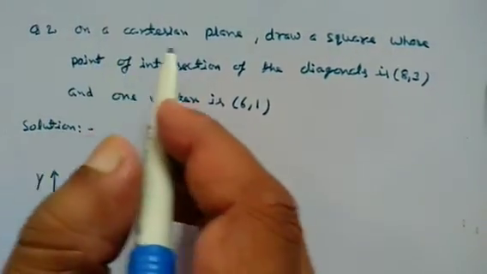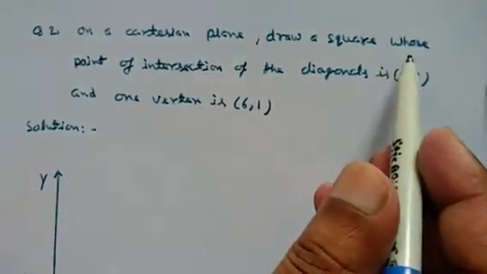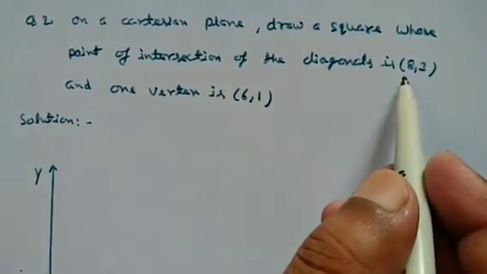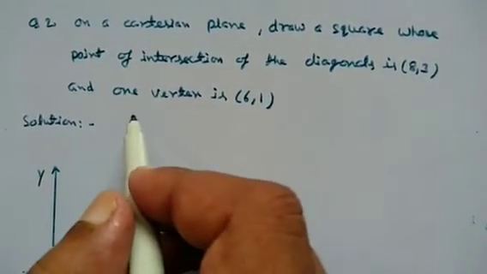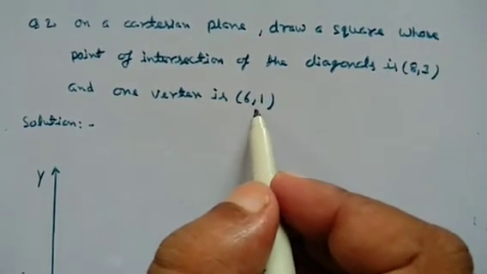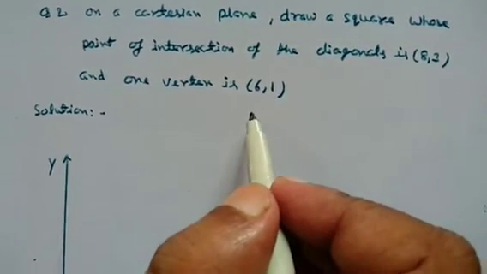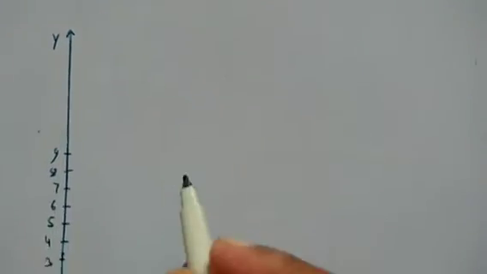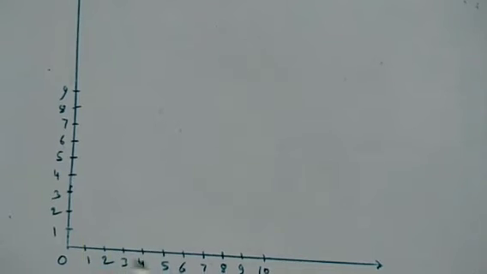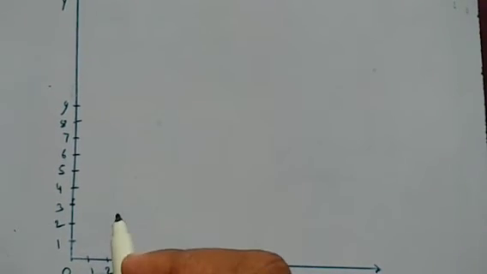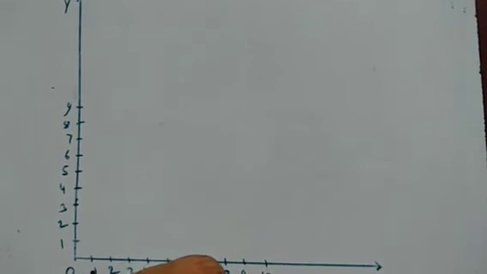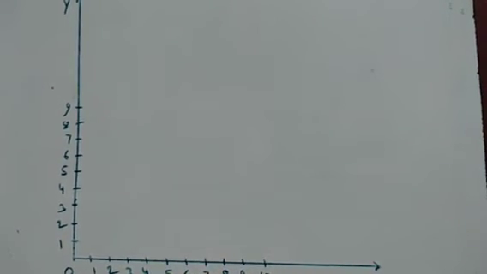Question 2. On a Cartesian plane, draw a square whose point of intersection of the diagonals is (8, 3) and one vertex is (6, 1). Children, first of all we form a Cartesian plane like this. Here we take one division equal to 1 unit on both axes.